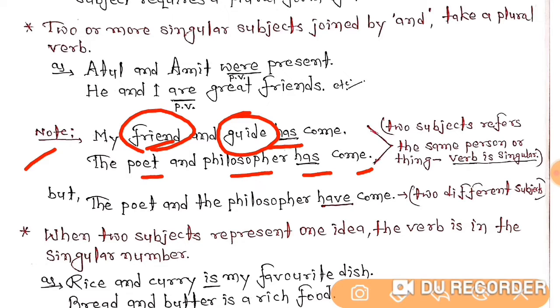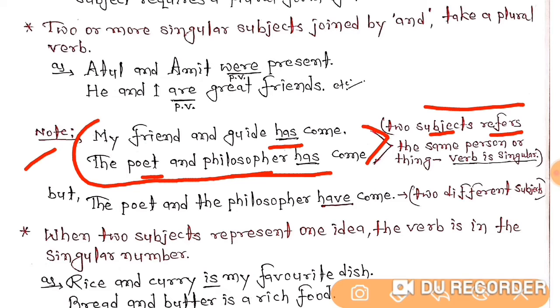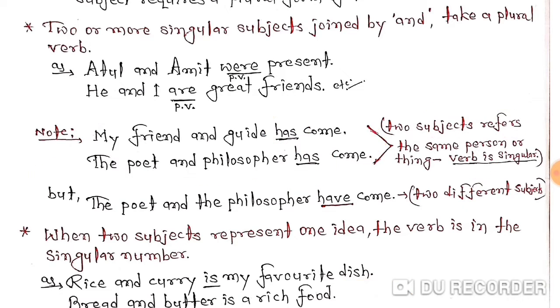In the second sentence, poet and philosopher, here too both the subjects are the similar persons, right? Here two subjects refer to the same person or thing. Clear? That's why we have to use the verb in singular number. So I have done here has, even here I have done has, right?